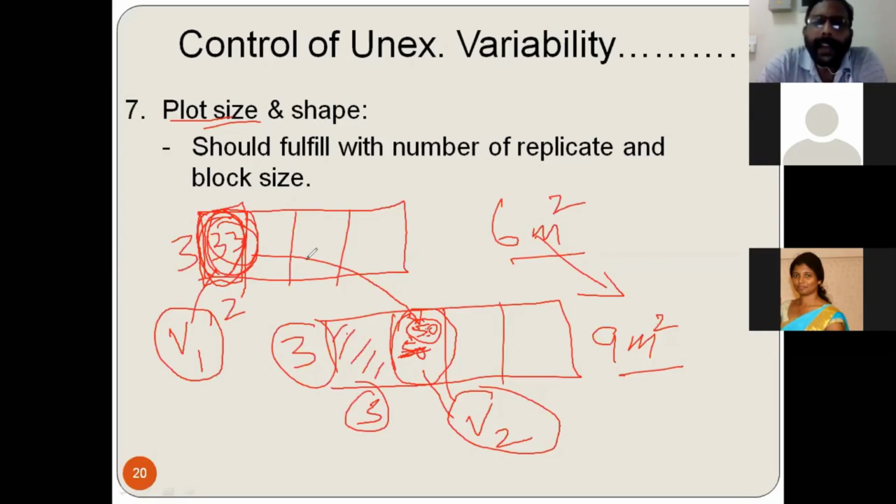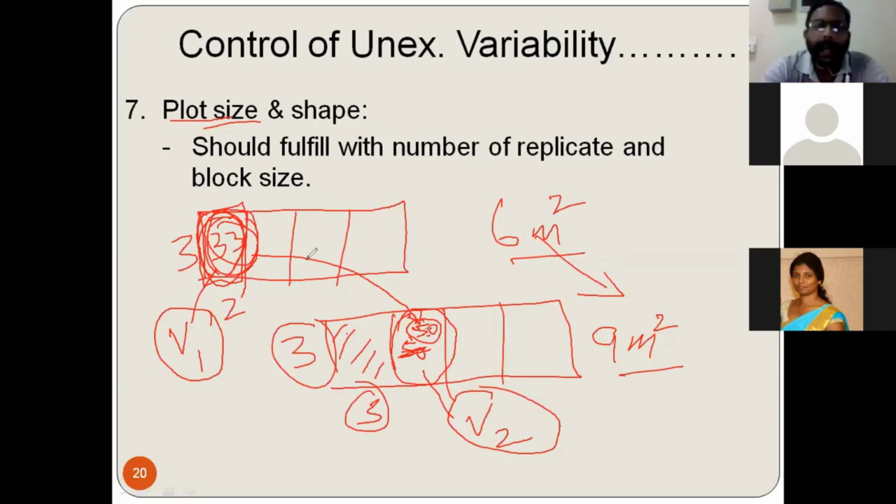The density is the same, because we didn't change the spacing. Density is always given per unit area. So plant density is the same.